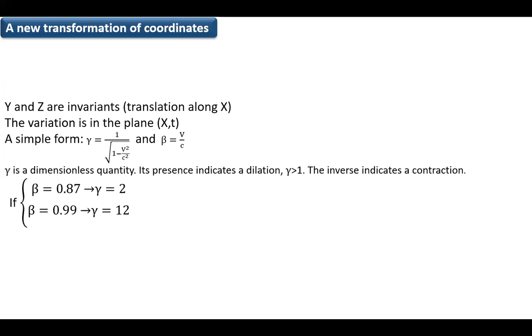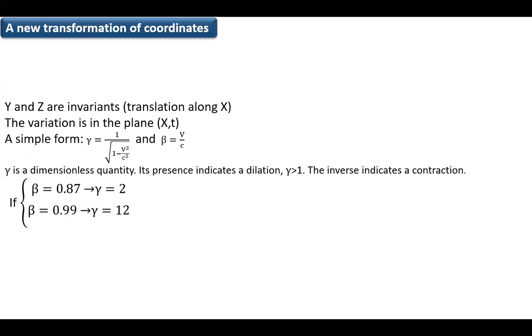If you are moving along y, the variation would be along y. If you are moving along z, your motion would be along z and the variation would be along z. But for simplicity and to make the calculation simple and easy, we always take the translation along x.